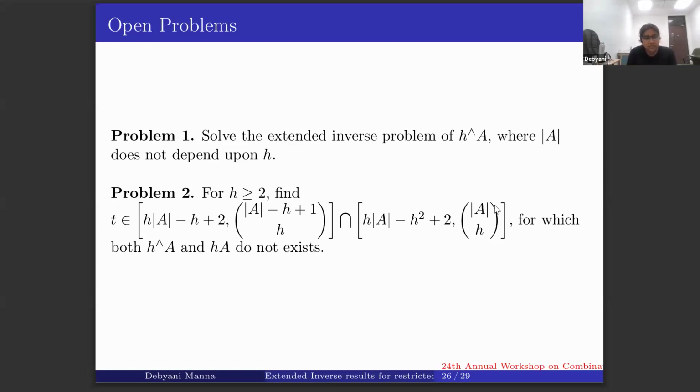And another one: is it possible to find such a t for which h cap A and hA both do not hold, that is, we will not get some A for certain cardinalities of h cap A and hA for the same t, where t belongs to this? Is it even possible or not? So this is the thing.